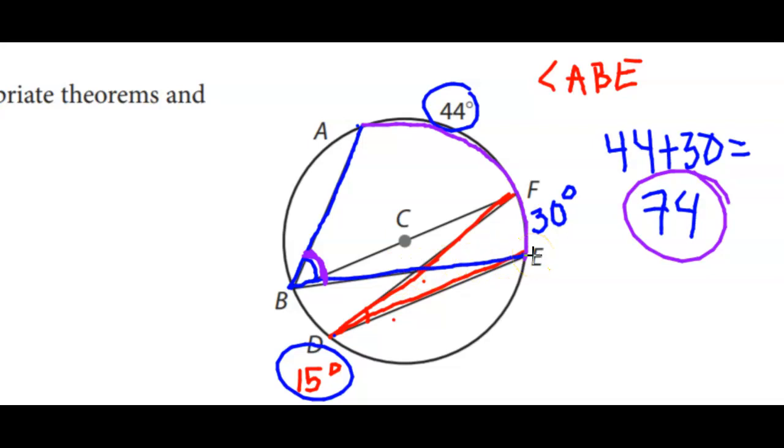And my formula says that whatever this is has to be half of whatever its outer arc is, right? So all I have to do to that one is 74 divided by 2. Or if you like fractions, you can always go 74 times 1/2. It'll give you the same answer. 74 divided by 2 is going to give me 37.